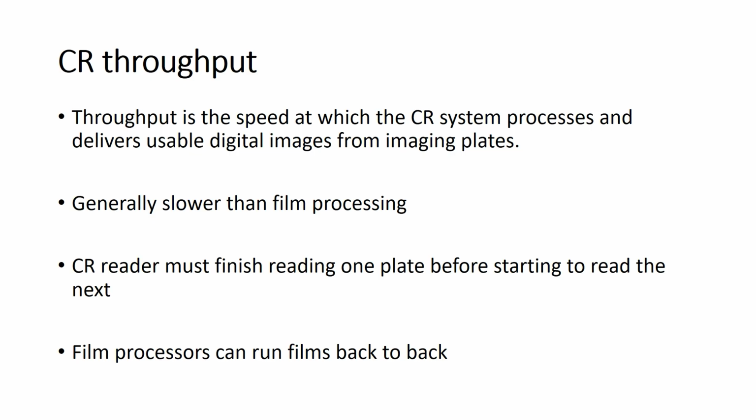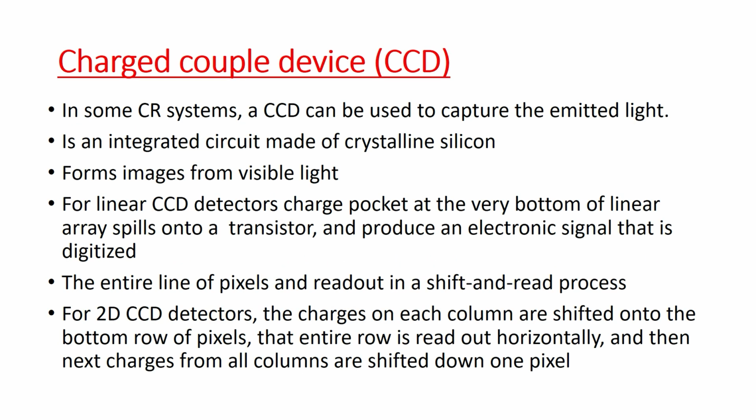The CR reader must finish reading one plate before starting to read the next. This is a very important step, so that you can again take an image in the same cassette. The film processor, by contrast, can run films back to back.